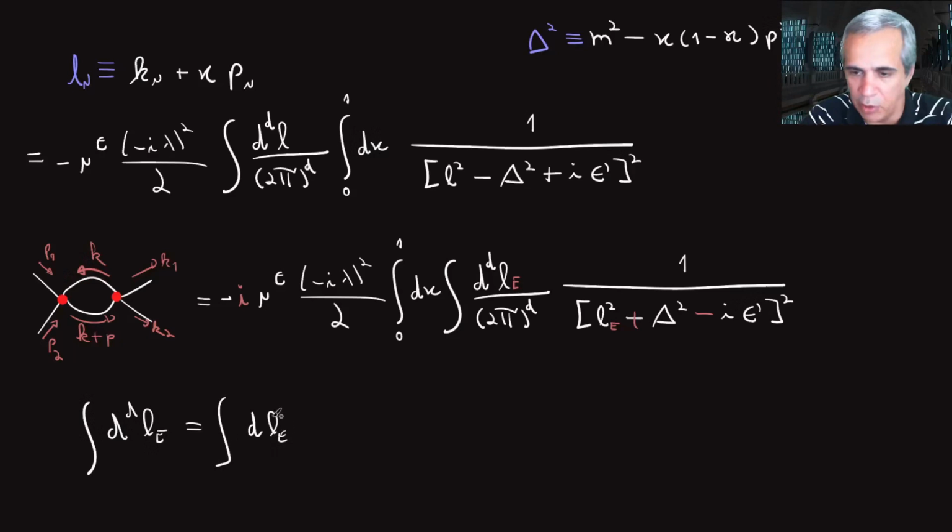Now this is the modulus of this momentum, and here I'm using something that goes back to what happens when you go to integer, positive dimensions. And I'm writing this, which is a generalization of the solid angle.